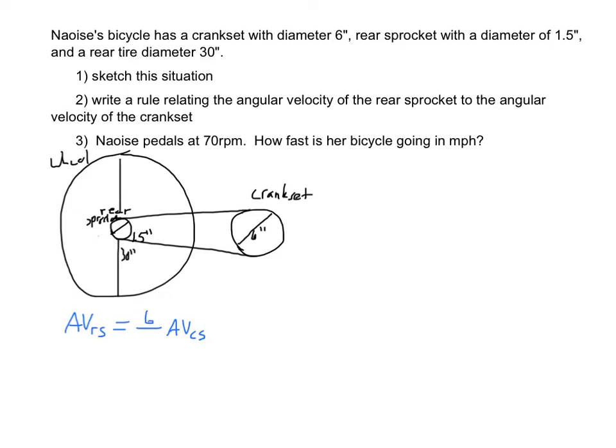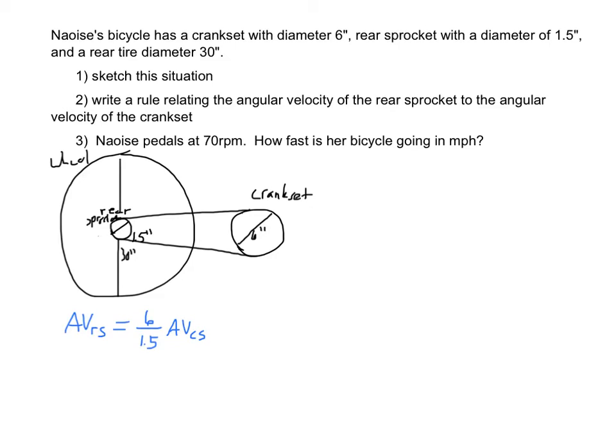So that's going to be 6 over 1.5 then. Dividing through, that's going to give me 4, so this is going to spin 4 times faster than this one. If you reverse it, you would get that this is spinning 4 times slower, which shouldn't be the case. Okay, so that's going to be our rule for that.